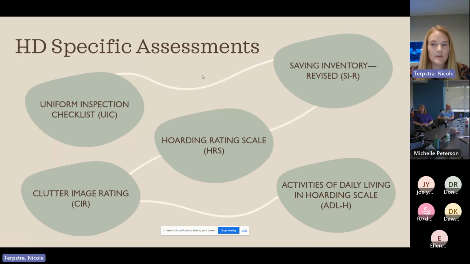Then we have the Saving Inventory Revised, Hoarding Rating Scale, Clutter Image Rating, and Activities of Daily Living in Hoarding Scale. And then two others that I did not list on the slide also are the Home Environment Index and the Clutter Quality of Life Scale.